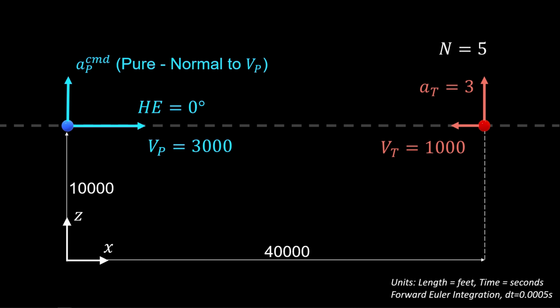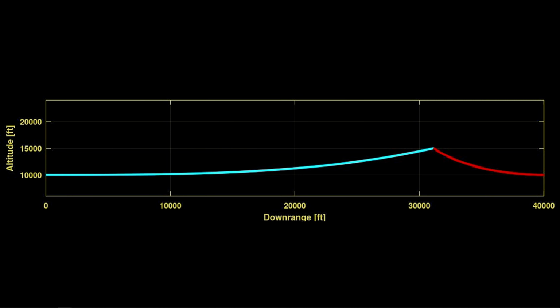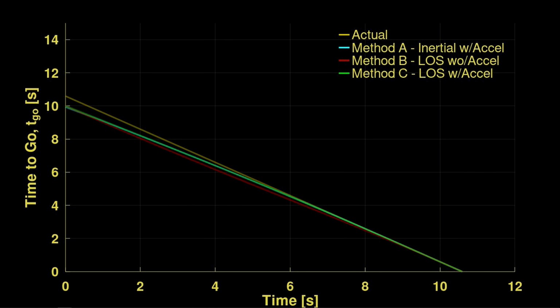Now we set the heading error to 0 for an initial collision course, but the target is pulling a hard 3G turn over the full simulation. The trajectory shows the intercept of the turning target. We observe fairly accurate time to go estimation with some differences between the methods.